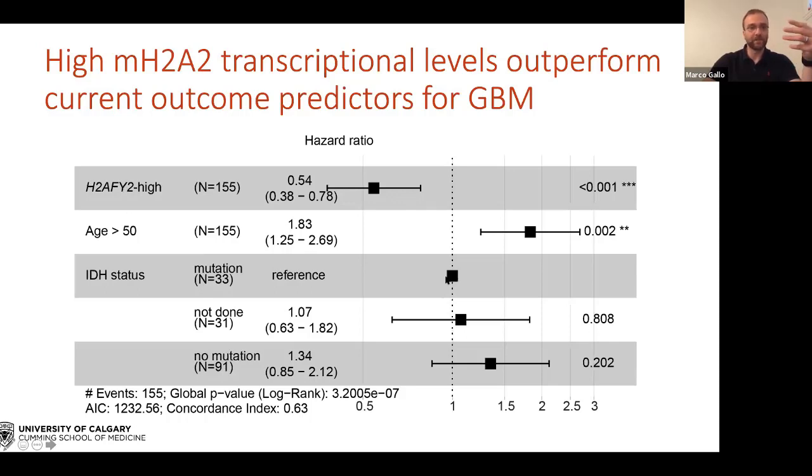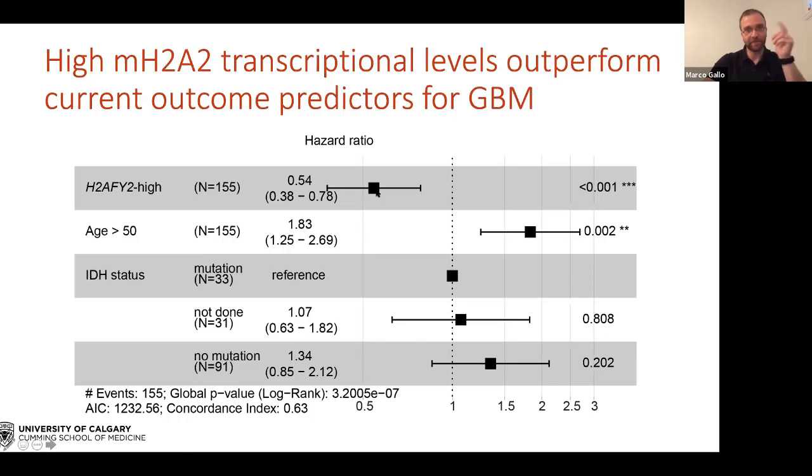Tumors with IDH1 mutations have a much better prognosis than IDH1 wild type tumors. So this was used by us as a reference point. And then as a negative prognostic factor, we used age. It's very well known that patients over the age of 50 tend to do more poorly than younger patients. These are 2 criteria actually used in the clinic when a patient is diagnosed.